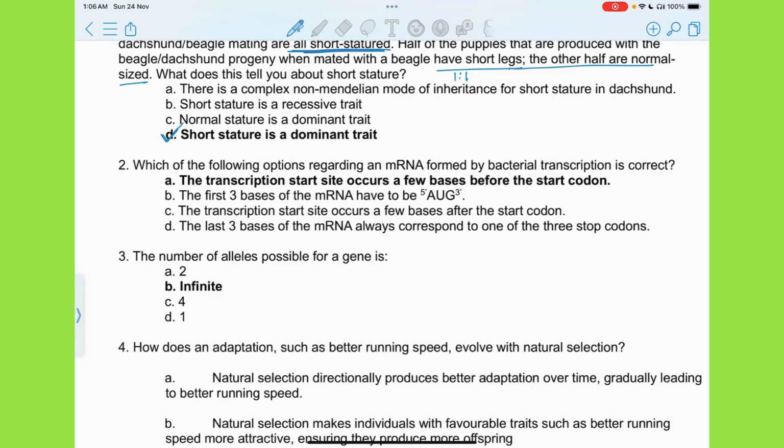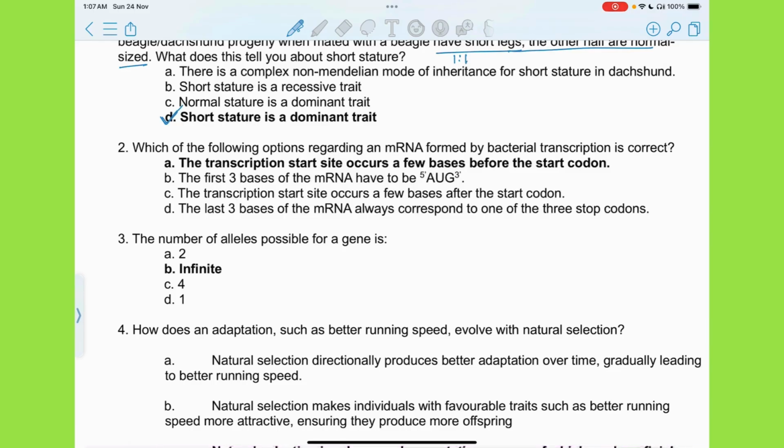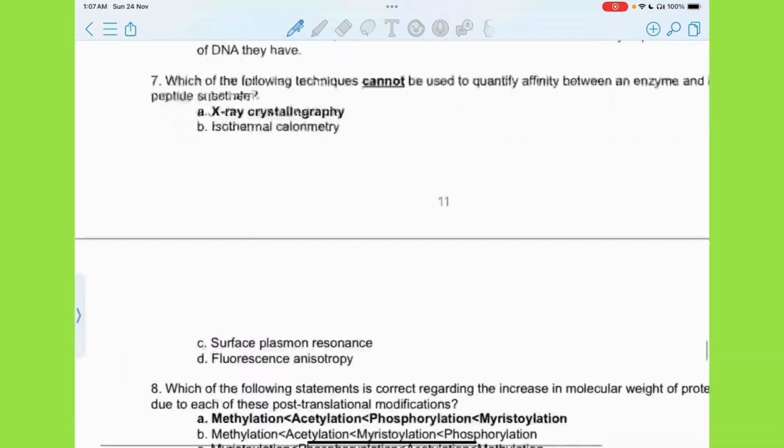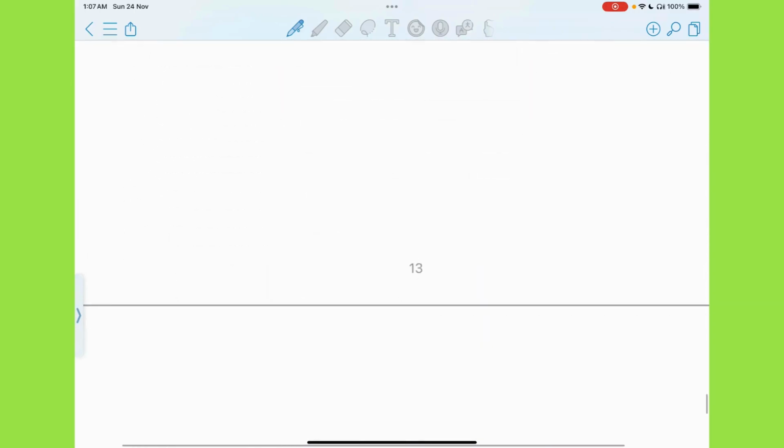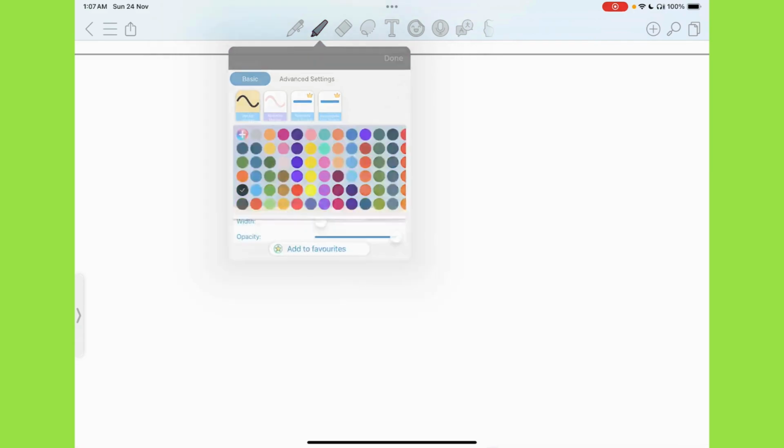Which of the following options regarding an mRNA formed by bacterial transcription is incorrect? The transcription start site occurs a few bases before the start codon. This statement seems correct, because for prokaryotic transcription, let me draw it here.